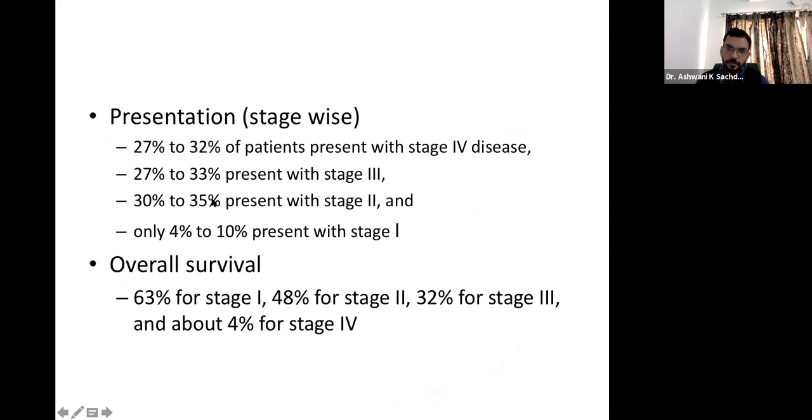And overall survival is 63% for stage 1, 48% for stage 2, 32% for stage 3, and only 4% for stage 4 cancer. So overall survival is dismal for small bowel cancer even in stage 1.